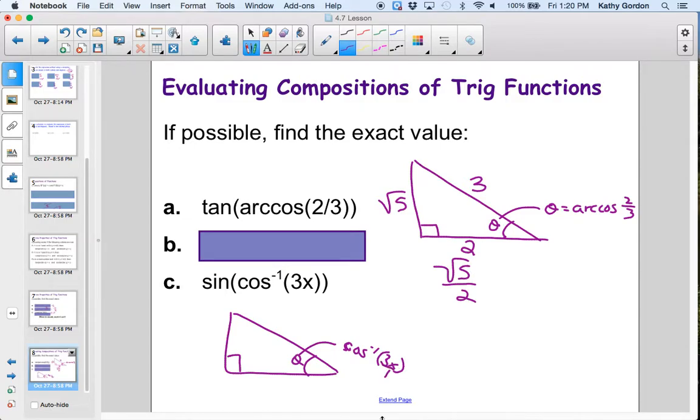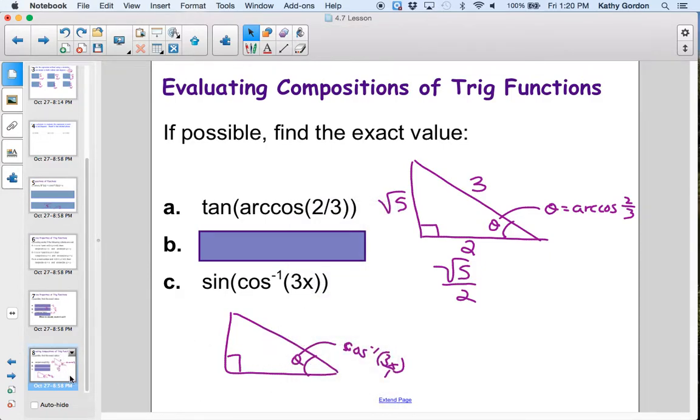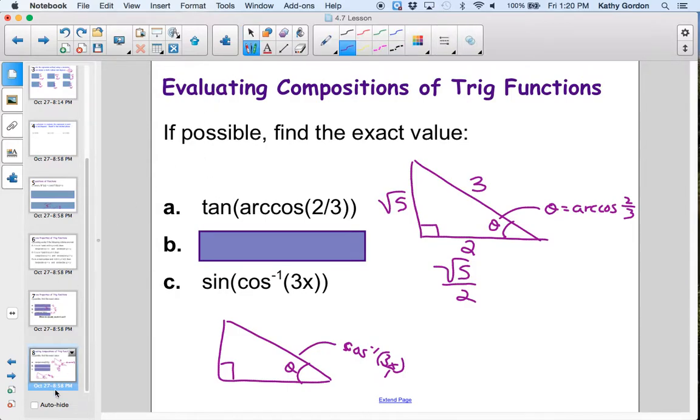So as a cosine, what can I label? 3x would go on the hypotenuse. No, my bad, one would go on the hypotenuse. There we go. 3x goes right there. The hypotenuse is going to be 1. Hey, it's the unit circle.